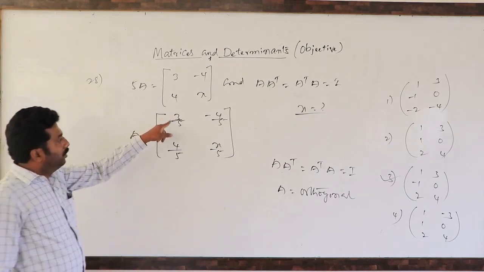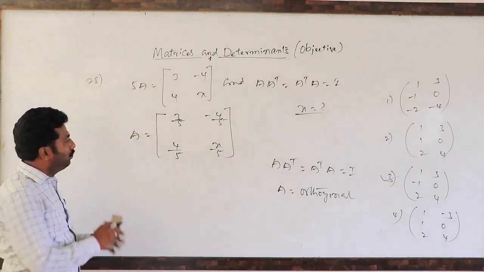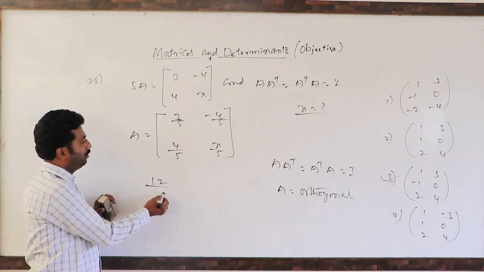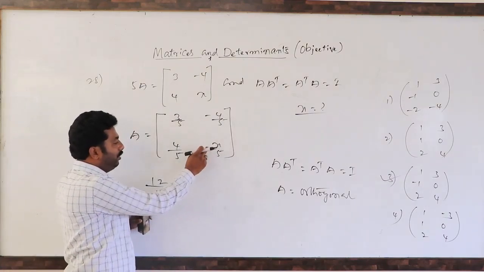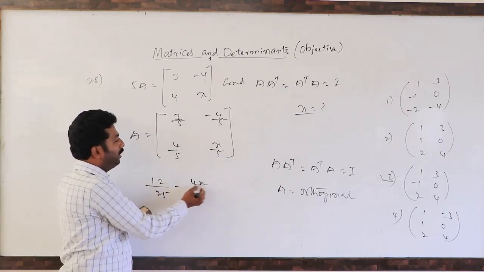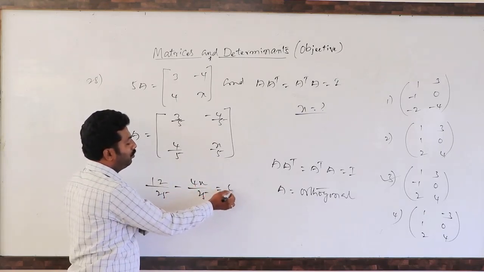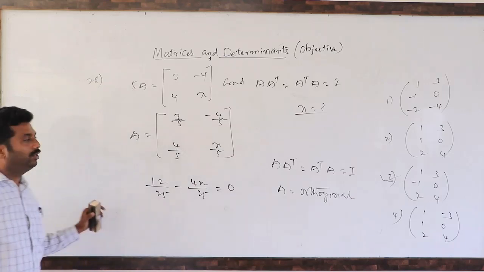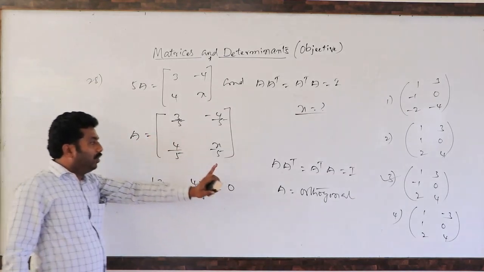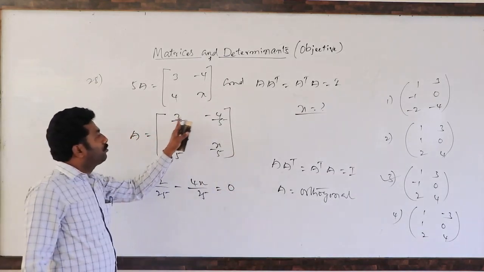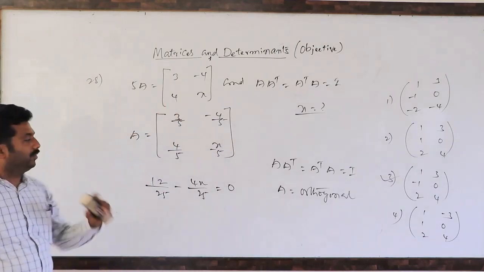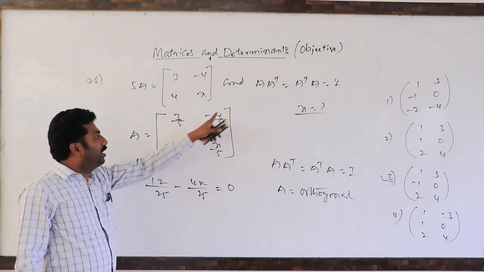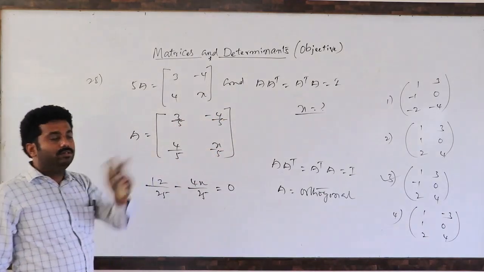See here, this is 3 by 5 into 4 by 5, that is 12 divided by 25, minus 4 by 5 into x by 5, minus 4x divided by 25 equal to 0. You remember, in an orthogonal matrix, the sum of the squares of any row or any column must be 1, or the sum of the products of any two rows equal to 0.